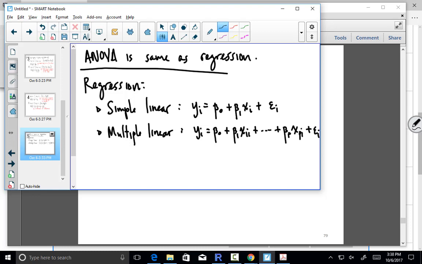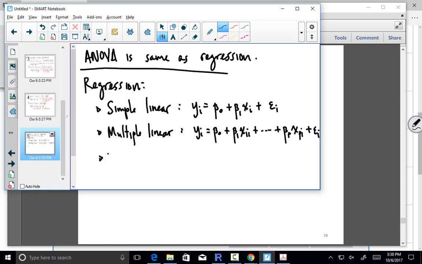So I might have average number of calories consumed, but I also have height in centimeters and some other things. But it's still univariate regression because the response is univariate.